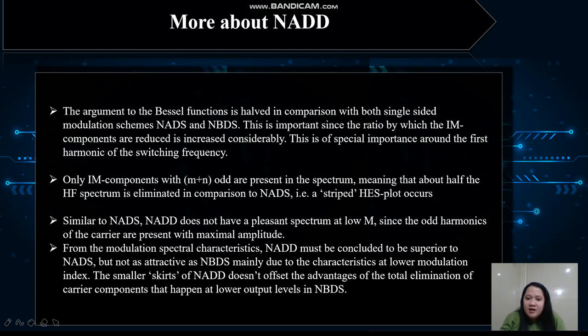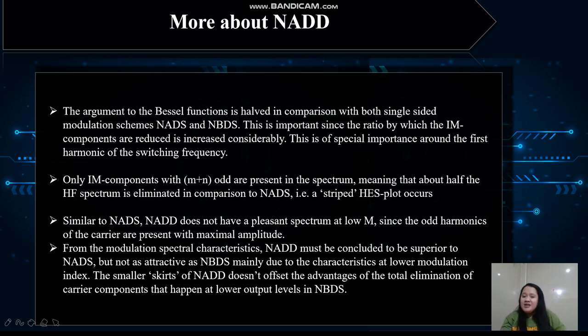This is of simple importance around the first harmonic of the switching frequency. Only IM components with M plus N odd are presented in the spectrum, meaning that about half of the HF spectrum, or the hybrid frequency spectrum, is eliminated in comparison to NADS.